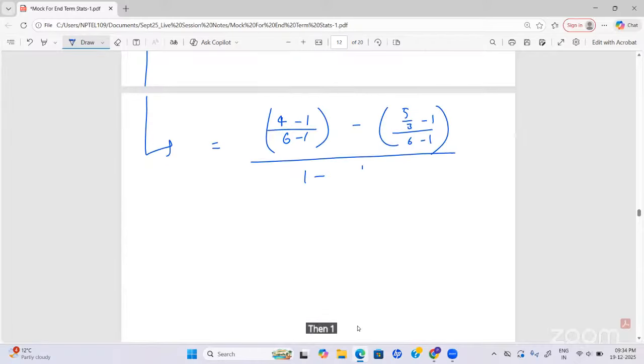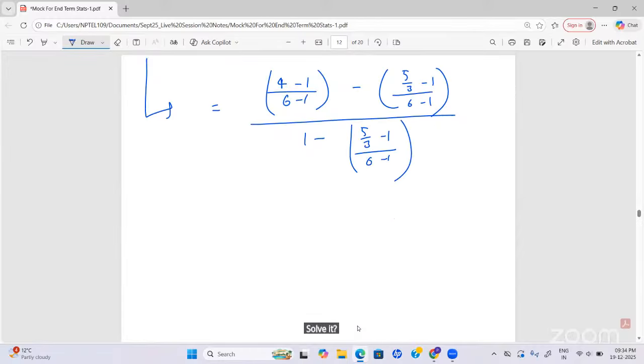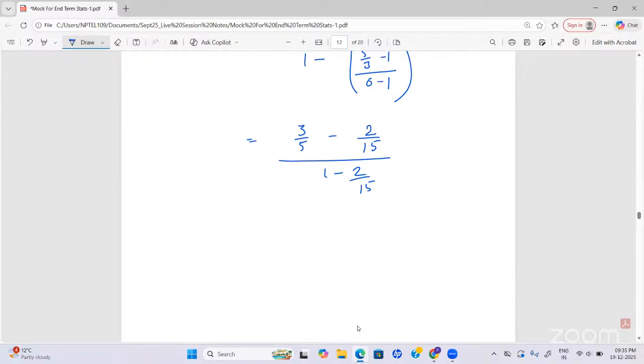Then 1 minus the same. Solve it. So it will be 7 by 13.